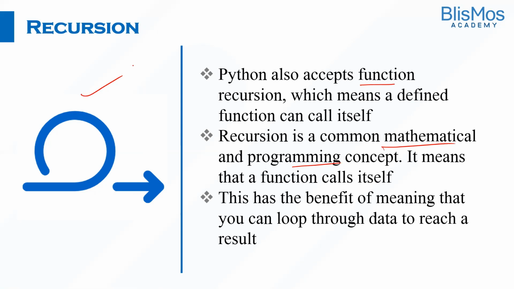But you've got to be very careful here. If you use recursion without proper knowledge, without taking care of when it has to be broken, then you may end up having the code run for infinity and crash the application. So you have to be careful while using recursion.